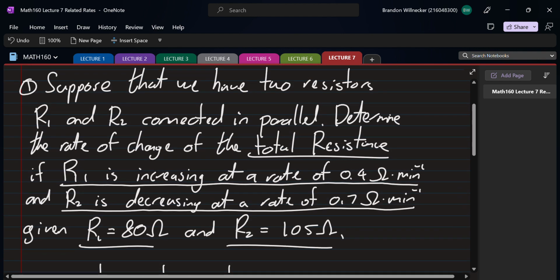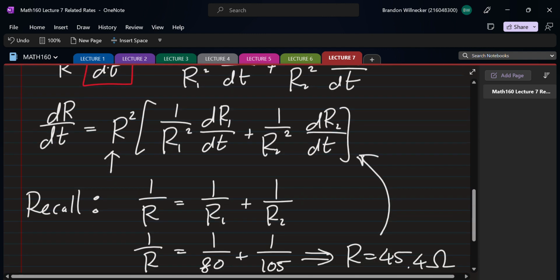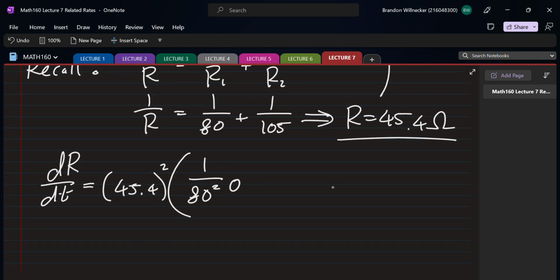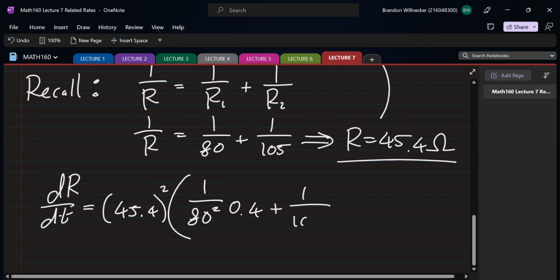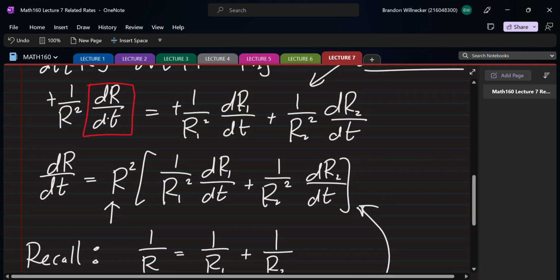R1 is increasing at a rate of 0.4, so that's 0.4, plus 1 over R2 squared, so 1 over 105 squared, times dR2 by dt.